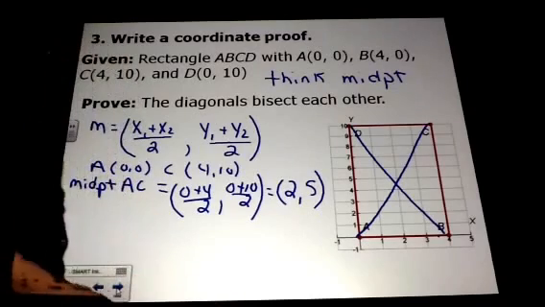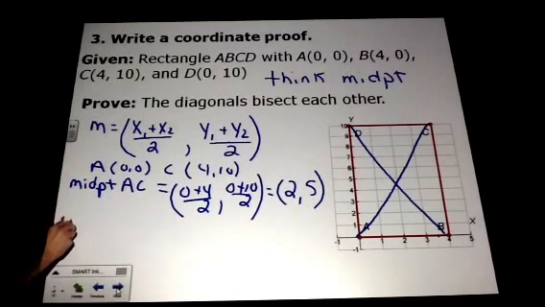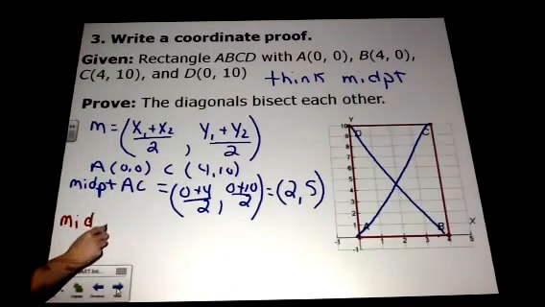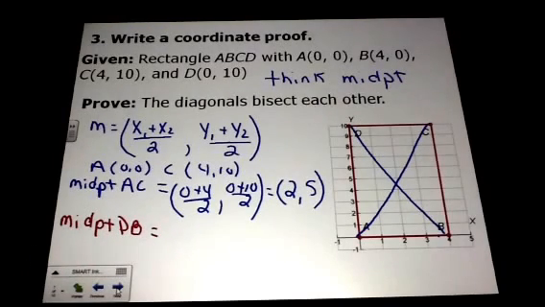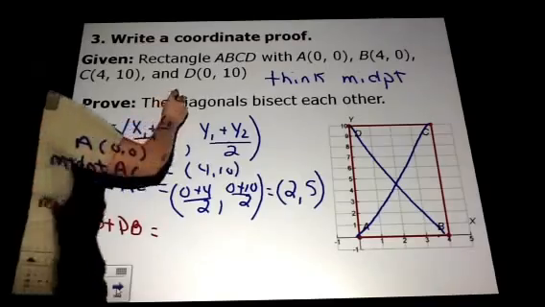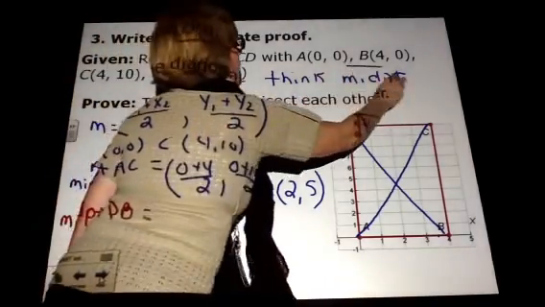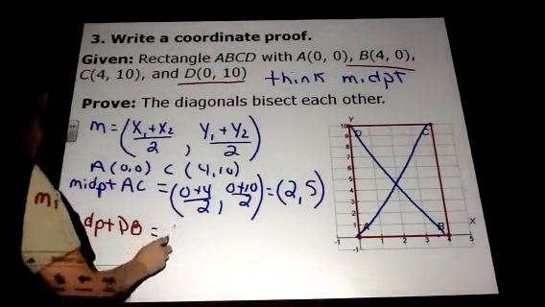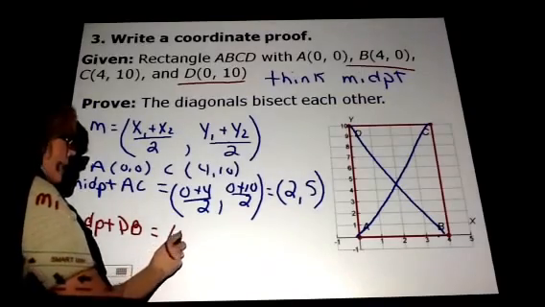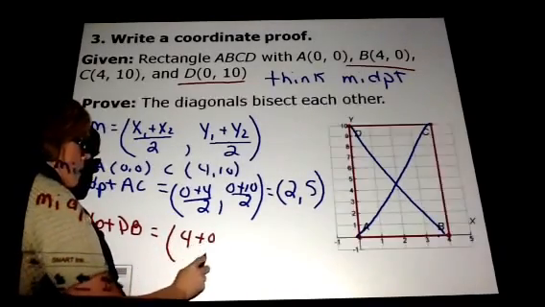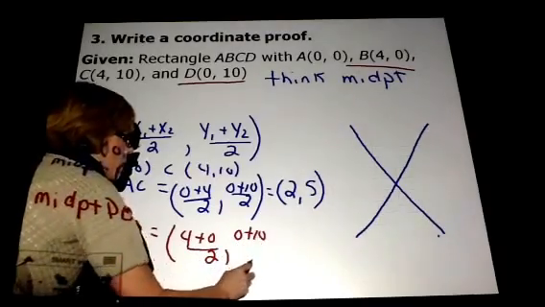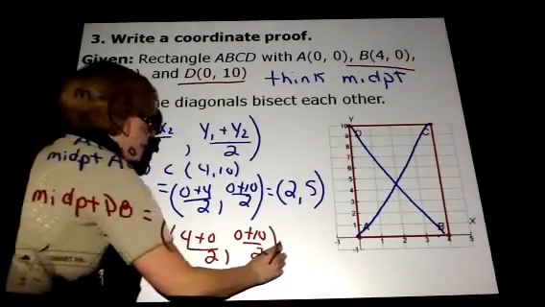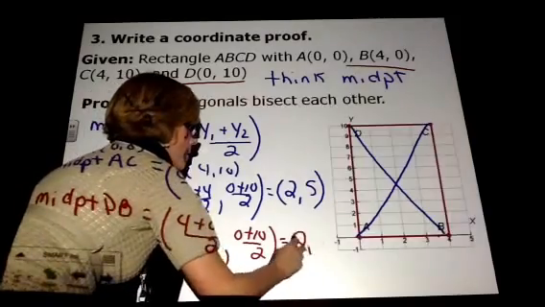Now we need to find the midpoint of DB. Right here's D, right here's B. So what we have here is 4 plus 0 over 2 and 0 plus 10 over 2. When you simplify that, you're going to get 2, 5.